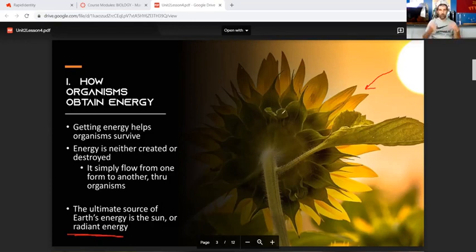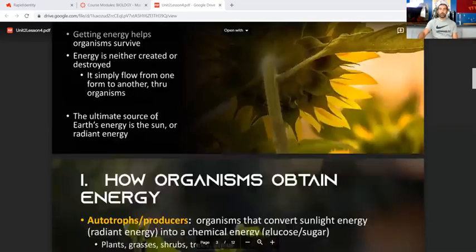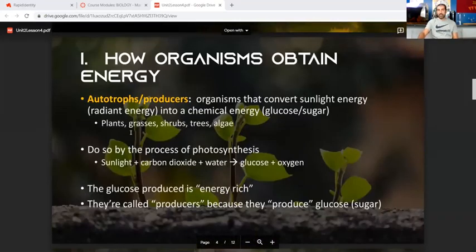And this plant will harness that energy and use it through a process called photosynthesis to make glucose or to make sugar. All right, so let's talk about that process and what the autotrophs do. Just like these plants that you see in the background, right? Autotrophs are literally nothing more than a producer. They both mean the same thing.